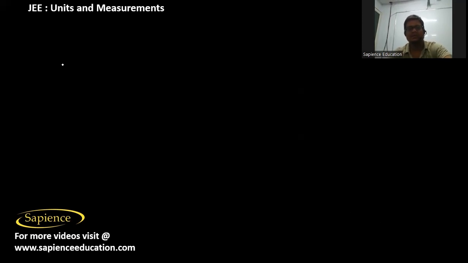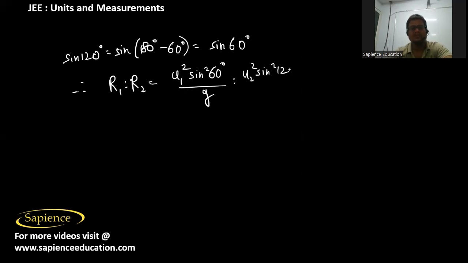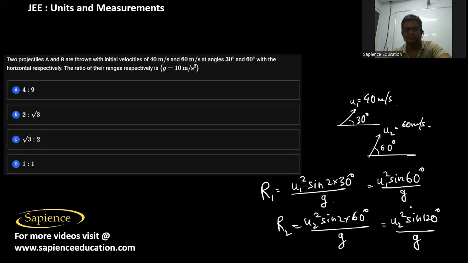Now sine 120 is equal to sine 180 minus 60, which is in the second quadrant, so it is the same as sine 60°. So therefore r1 is to r2 will be equal to u1 square sine 60° by g is to u2 square sine 120° by g.